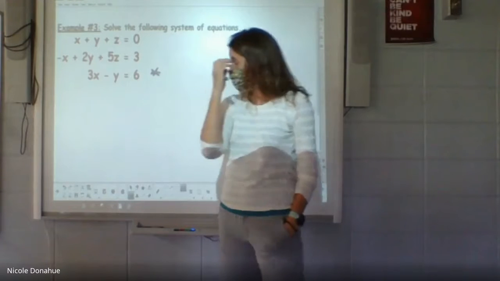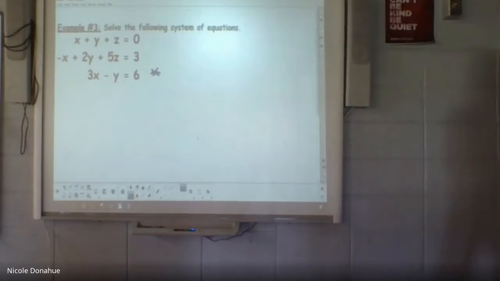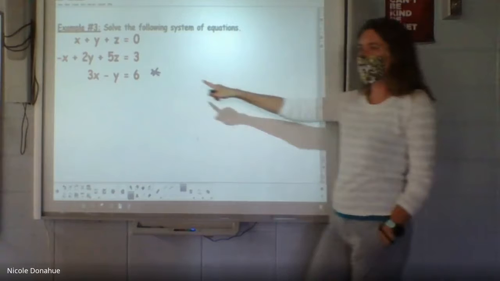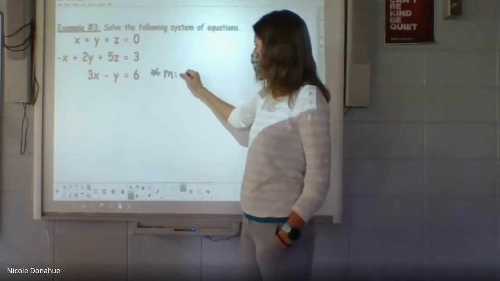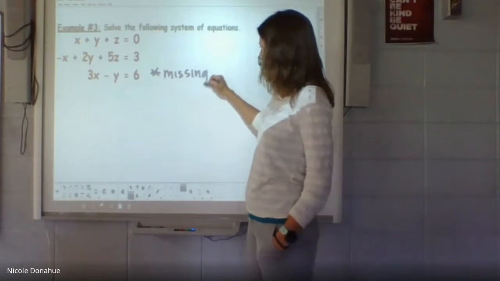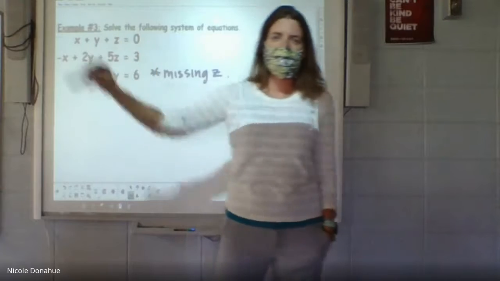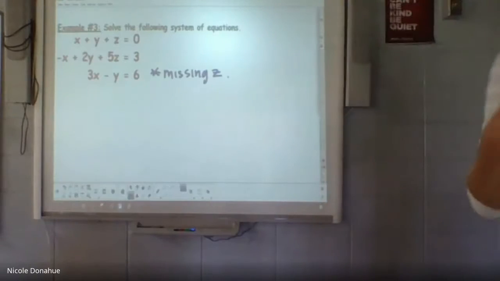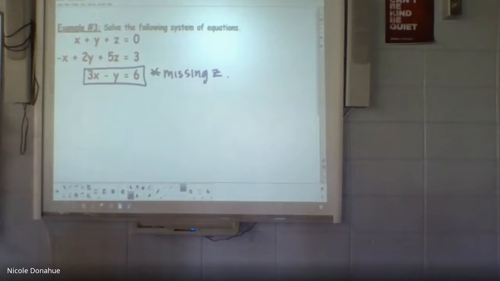That one has an x and a y, so it's missing z. I want to find a way to make z missing up here, so I want to use those other equations to get rid of z, because I want to work with this equation that's already simplified.